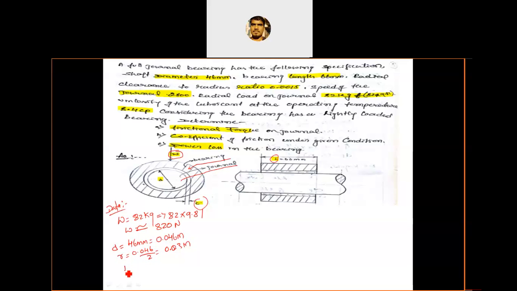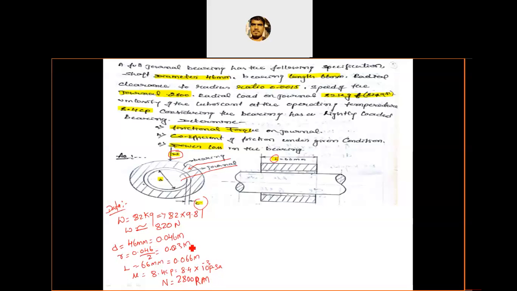Similarly, they give the length, 66 mm, that is 0.066 m, and the viscosity mu is equal to 8.4 centipoise, that is 8.4 into 10 raised to minus 3 Pascal second, converted to SI unit. As well as the speed, n is equal to 2800 rpm, revolutions per minute. So these are the data.